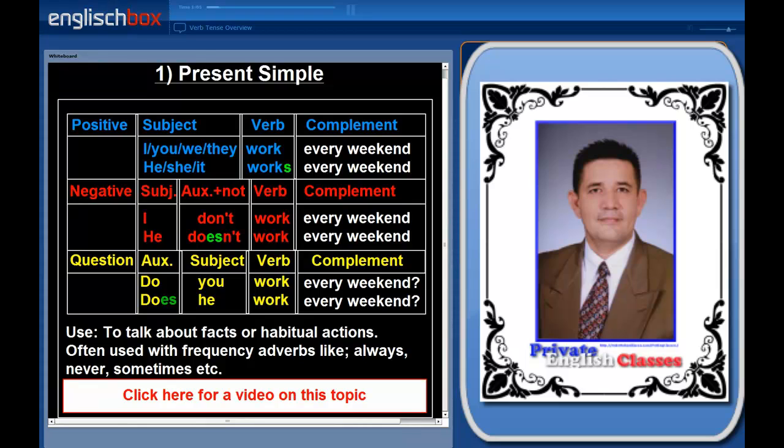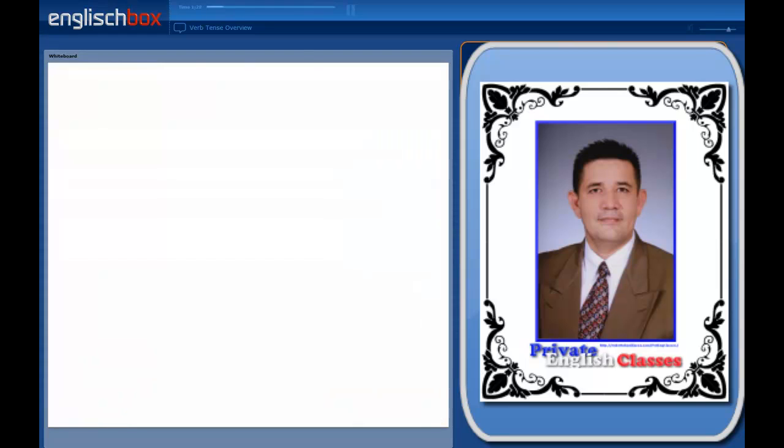In negative, it's very important to remember to use the auxiliary don't in negative, or in third person, doesn't. And finally, the question form, you have to remember to use the auxiliary do or does in third person at the beginning, and to invert the subject and the auxiliary.